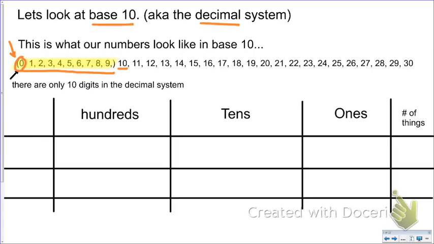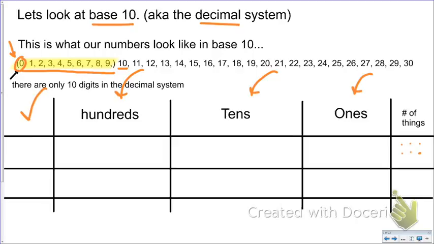So many people don't really think about how our base 10 system works, but if you're working with a number of objects, let me just create 1, 2, 3, 4, 5, 6 items here. Then we could think, okay, I've got different columns, different place values that represent different quantities or different groupings of things.